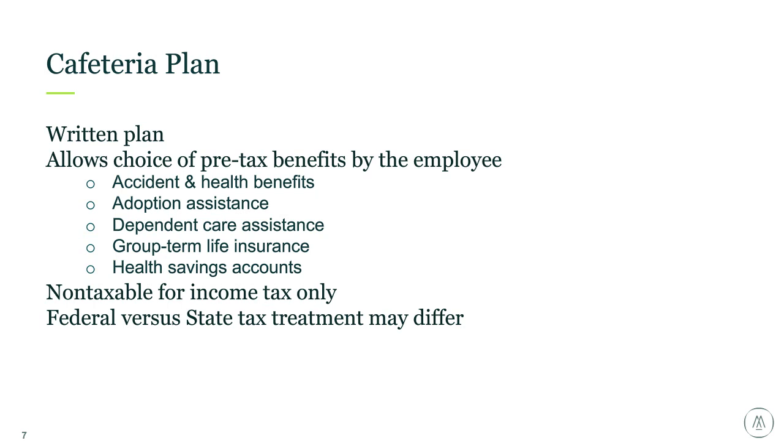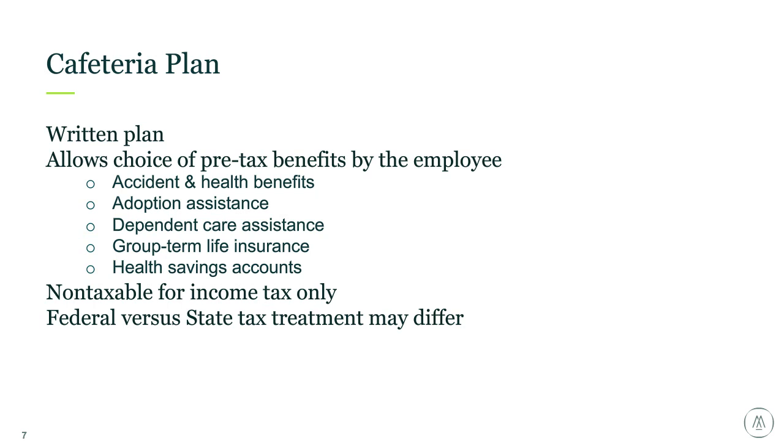So you can allow, of course, health and accident and health benefits, adoption assistance, health savings accounts. So it's a great plan at the federal level. It works really, really well. What I point out here at the very end of this is that there may be a difference in state tax treatment, which means that some states may not recognize the pre-tax benefit at the federal level that employees get, and you may have to add these benefits back into compensation for state taxation purposes.